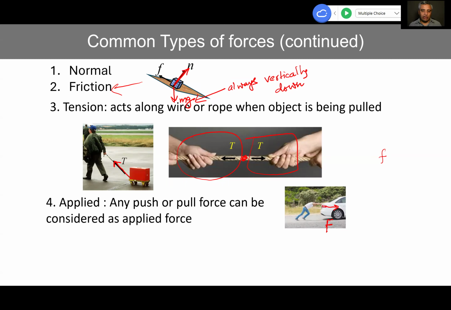So it's not always the case. It appears to be opposite only when normal force is vertically up, because force of gravity is always vertically down. So it is perpendicular to the surface, always. So they may not be always opposite. Okay, that's a great question. Thank you for bringing that up.